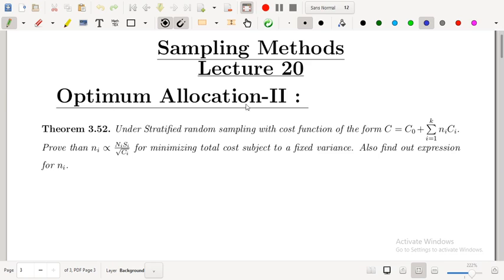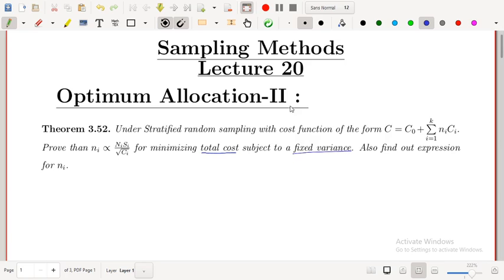But in optimum allocation second, if your cost function is like this, then we have to prove Ni is directly proportional to Ni Si upon root of Ci for minimizing total cost. Here we have to minimize total cost subject to a fixed variance.